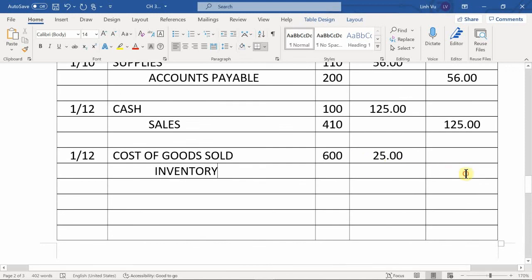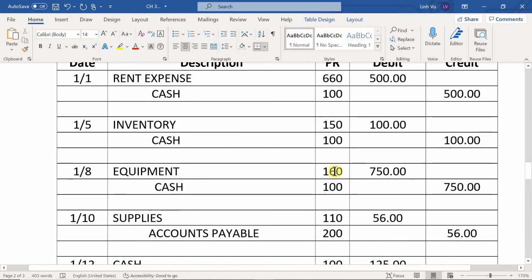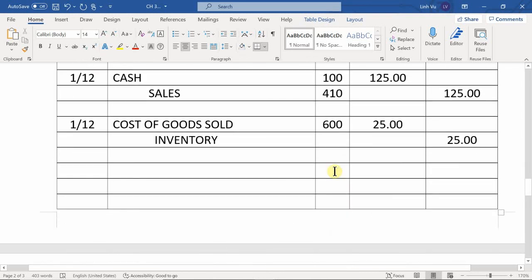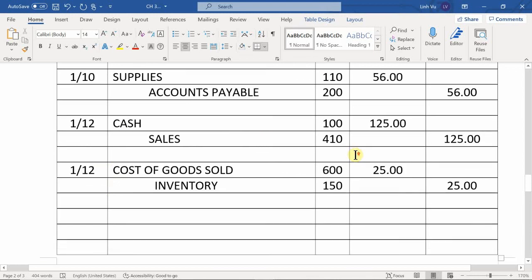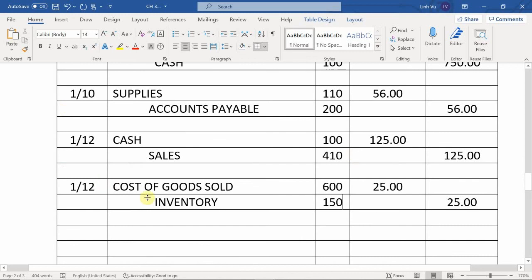Good. I got rid of $25 worth of inventory. Yes, this is how you adjust inventory.